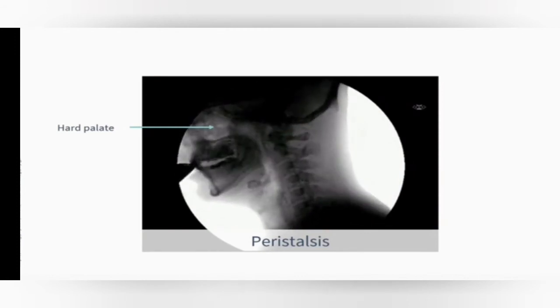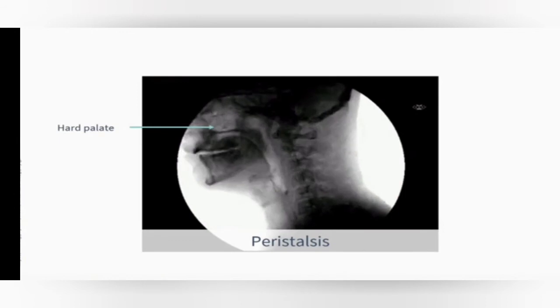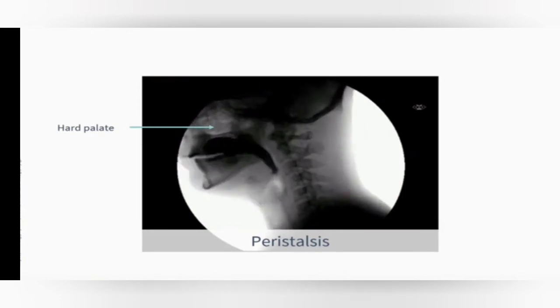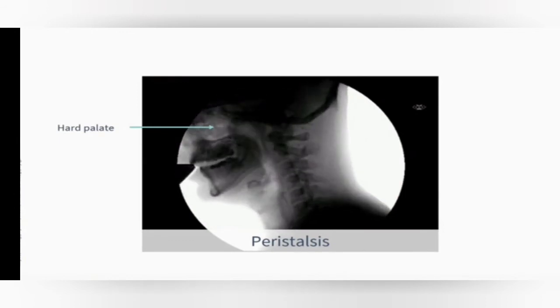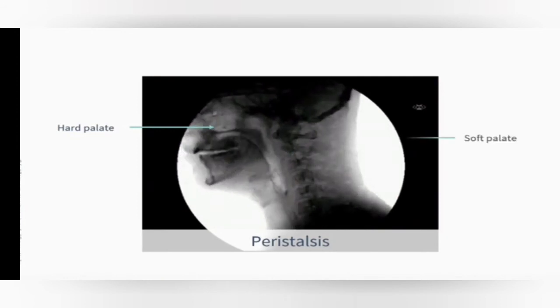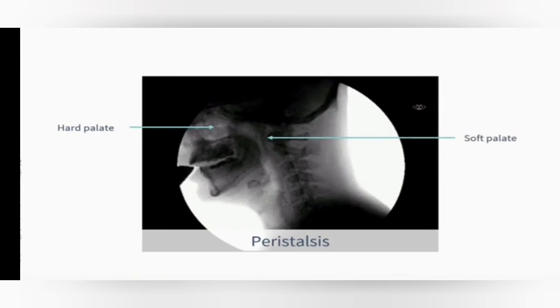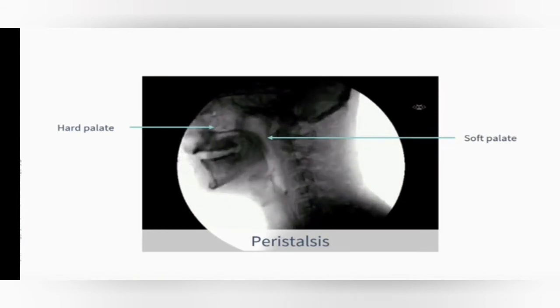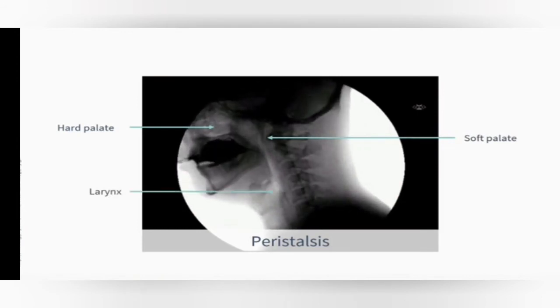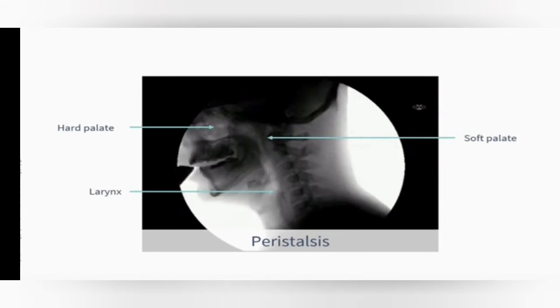Look at that, very nice. A barium study method can also be applied like these radiographs. This is a barium study. There is a soft palate, and there is a larynx as well.